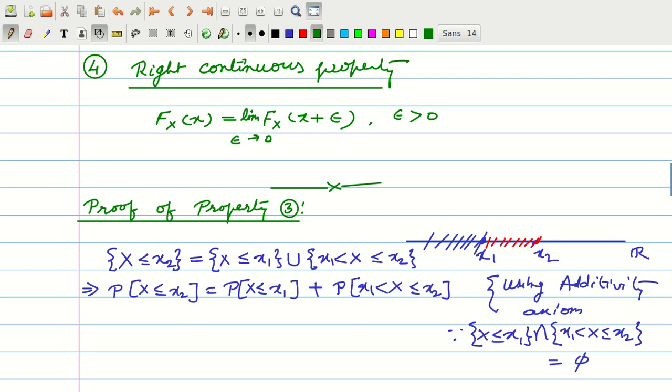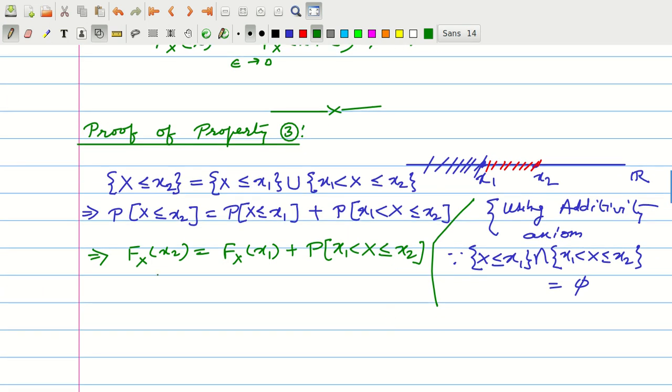Therefore, we can write from here that the probability of x less than equal to x2, which is fx x2, is equal to fx x1 plus the probability of x1 less than x less than equal to x2.